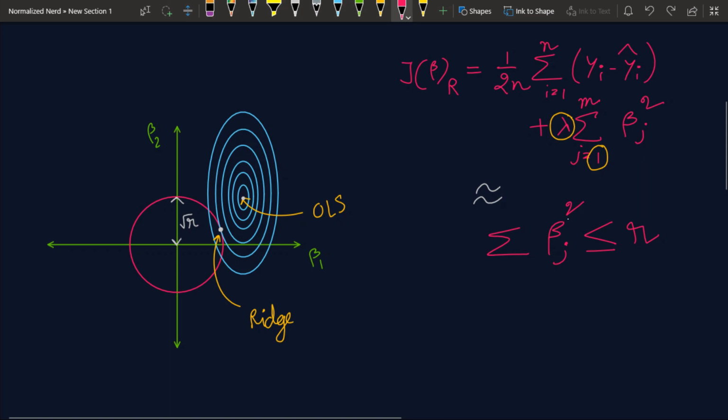There must be a value after which we cannot increase our beta, and that's what the constraint is all about. The constraint is restricting the values of beta closer to the origin, and this means no feature will get too much importance than the other features. That's how we are tackling the problem of overfitting here.